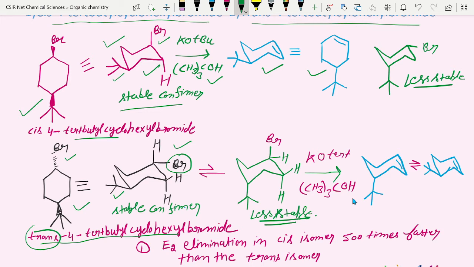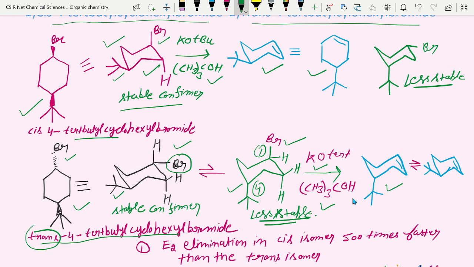In the less stable conformer, the tertiary butyl will be at the axial position and the bromine will also be axial, because both are in the trans isomer. When the 1 and 4 positions are both axial, it is the trans isomer. Now this trans isomer reacts with the base in the presence of tertiary butyl alcohol and gives tertiary butyl cyclohexene.